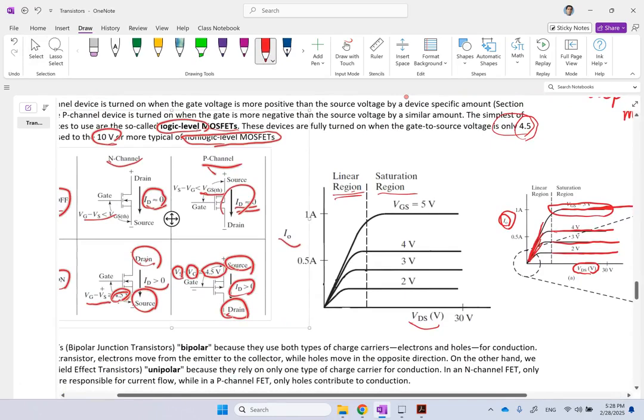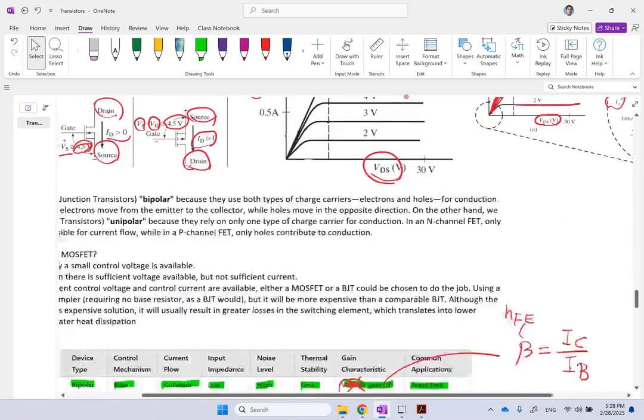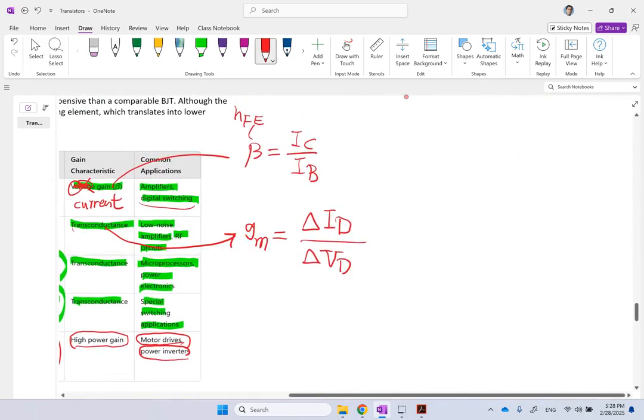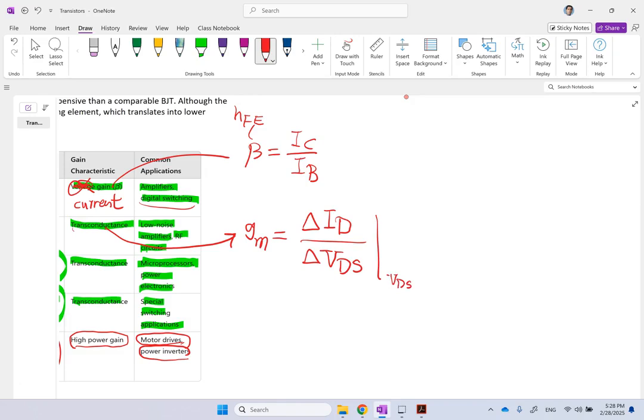These are these axes, right? This is your current, and the voltage is what? The drain to source. Basically, it's the slope over there, right? So that's the slope over there. And of course, this has to be calculated at a fixed VDS, at a specific VDS. That's the slope of that.